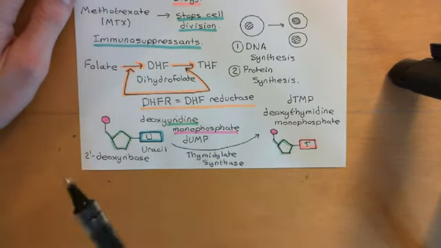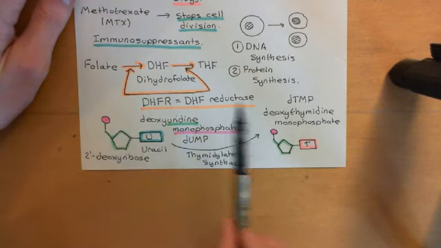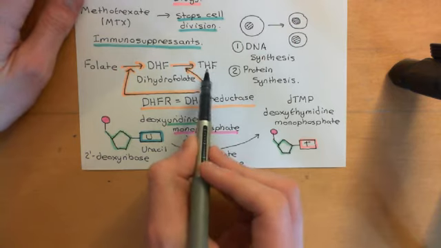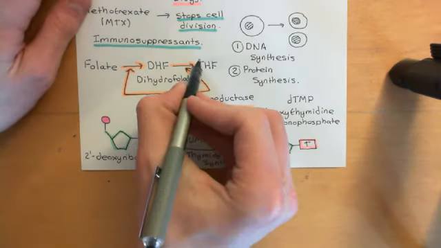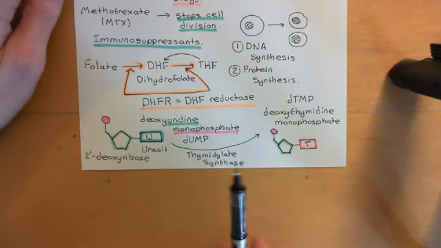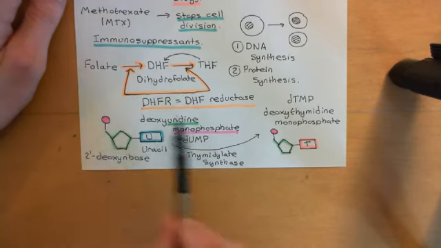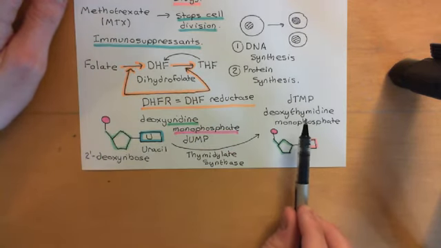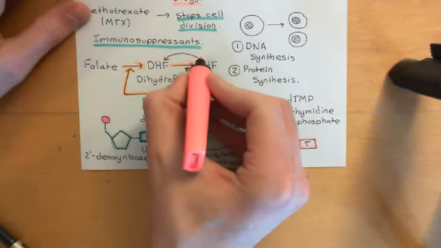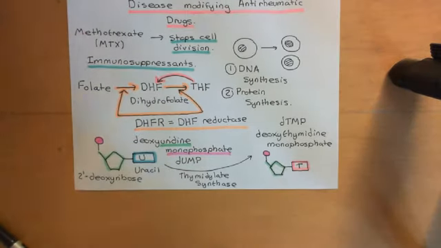Now when thymidylate synthase turns deoxyuridine monophosphate into deoxythymidine monophosphate, it uses up a molecule of tetrahydrofolate, and the molecule of tetrahydrofolate is converted back to dihydrofolate. So every time you convert a deoxyuridine monophosphate molecule into a deoxythymidine monophosphate molecule, you also use up a molecule of tetrahydrofolate, which is converted to dihydrofolate here.